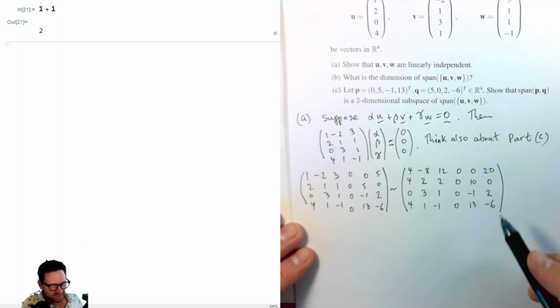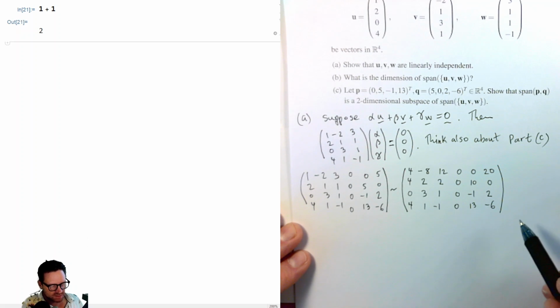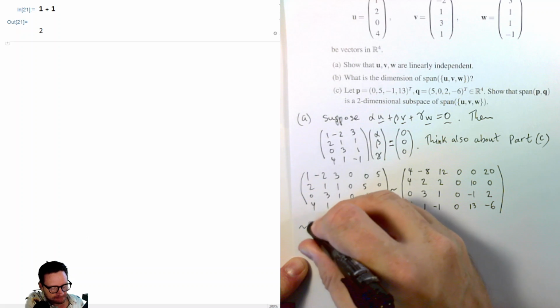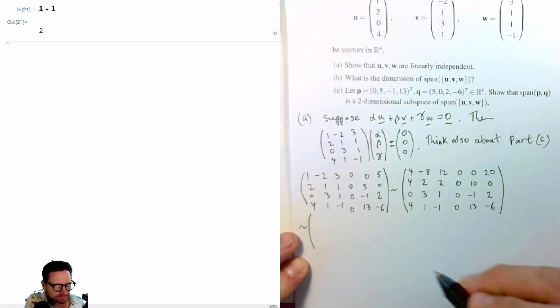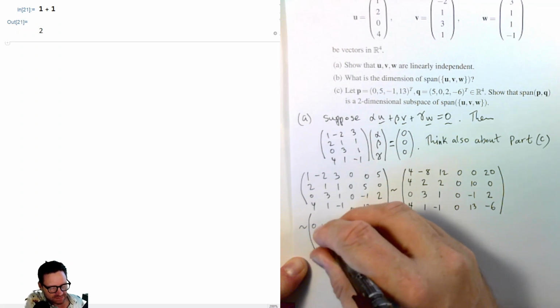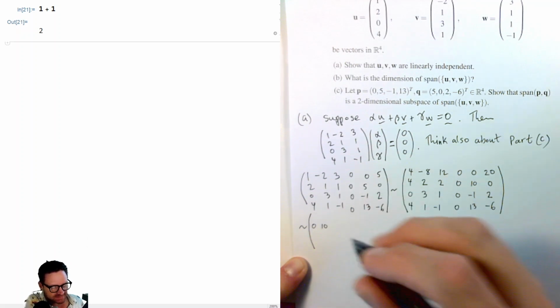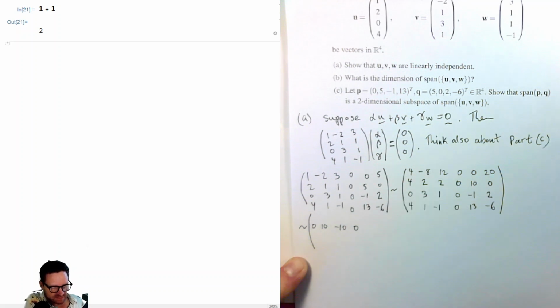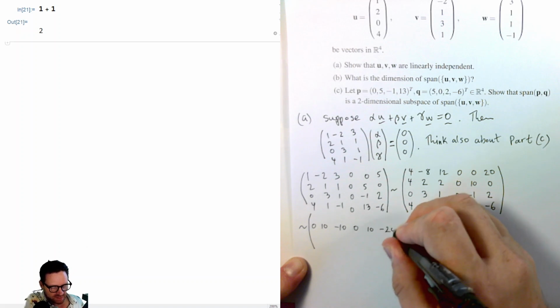Okay, now we want to replace row 2 with row 2 minus row 1. So 0, 10, minus 10, 0, 10, minus 20.